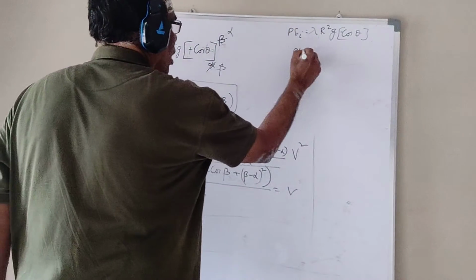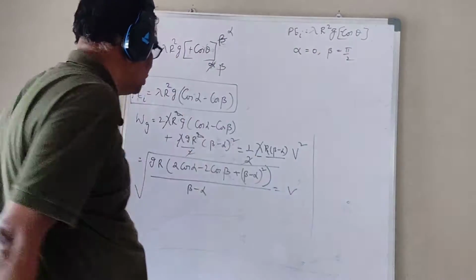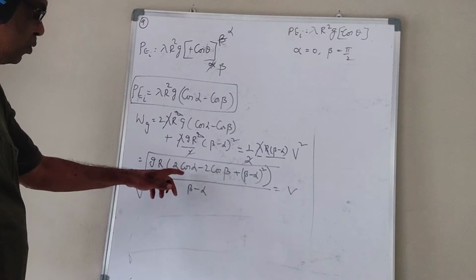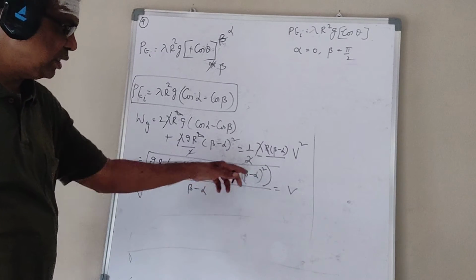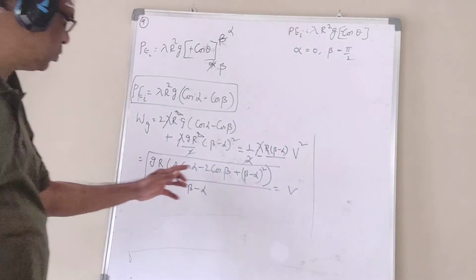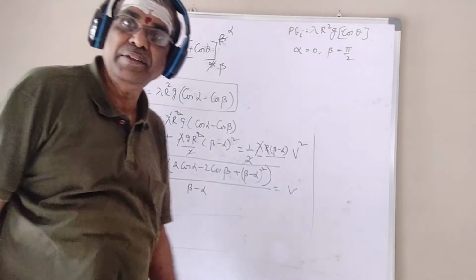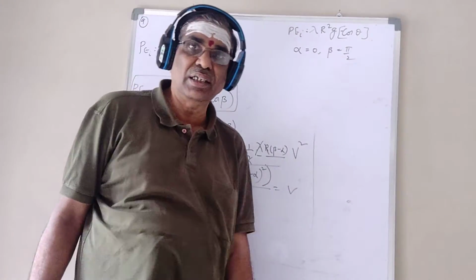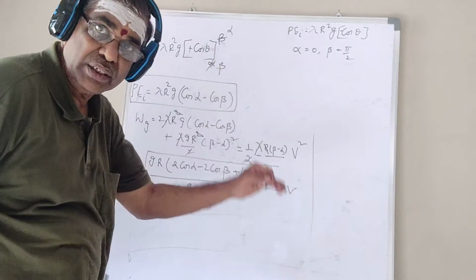And now alpha is 0, beta is pi by 2. So cos 0 is 1, this is 0, 1, and beta minus alpha, pi by 2 whole square, and this is pi by 2. That is how you have to simplify and get your answer for your velocity as the whole chain leaves.